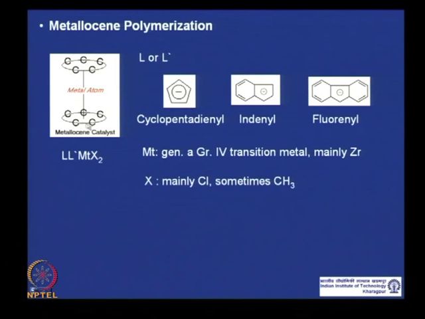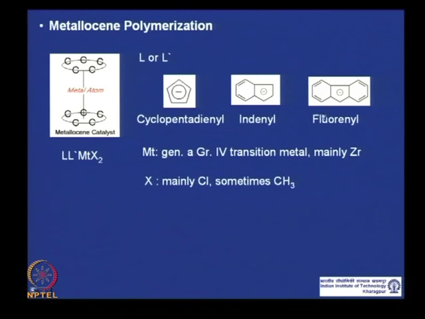You can give a general structure of the metallocene catalyst like this, or you can write a structure as Cp2MX2, where the Cp ligands can be the same or different, from different metallocenes like cyclopentadienyl, indenyl or fluorenyl.